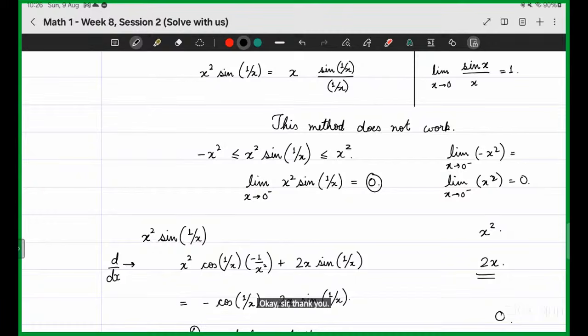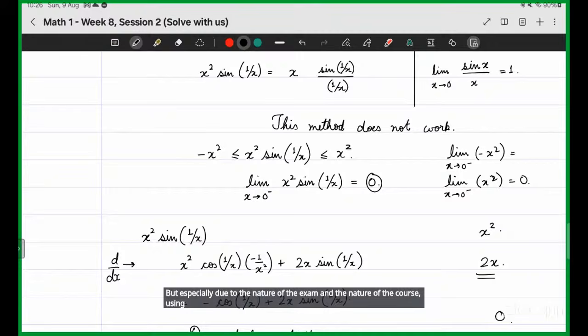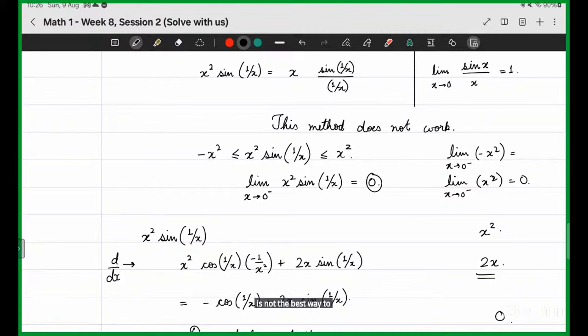But especially due to the nature of the exam and the nature of the course, giving the theoretical proof that every sequence converging to the point, the function sequence converges to a given real number, is not the best way to go about it, even though it is the most precise and the most mathematically correct one.